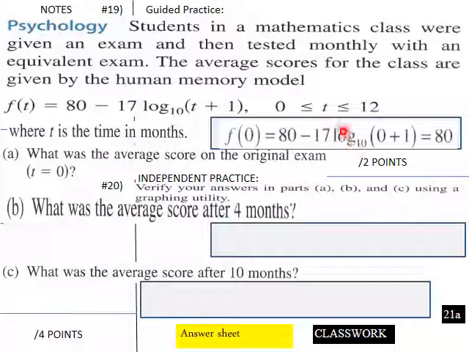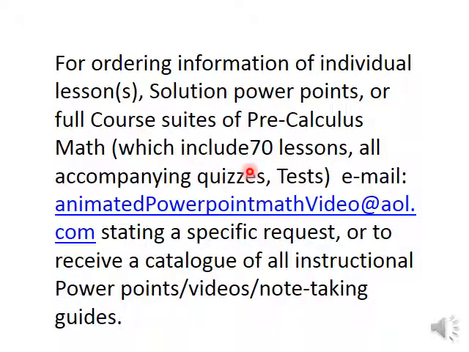So up here, 80 minus 17 times log base 10 of t plus 1. So f of 0, when you plug that in there, you're taking a log of 1, which is going to be 0. So 80 minus 0. And then you go on from that. And I'm going to let your students do that.